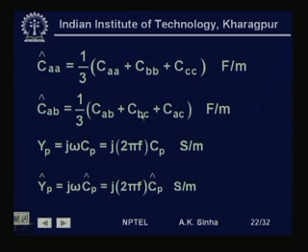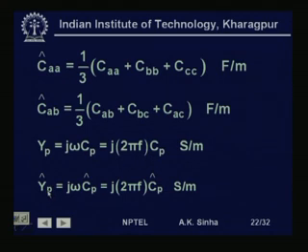Now, once we have calculated the capacitance, we can calculate the admittance very easily by just multiplying it by j omega. So, Y_p, or the admittance for the 3-phase system with ground wires, will be given by this Y_p, which is a 3 by 3 matrix. Again, this will have the terms j omega into C_p, which will be j into twice pi f C_p, where C_p again, as we have seen earlier, is a 3 by 3 matrix.